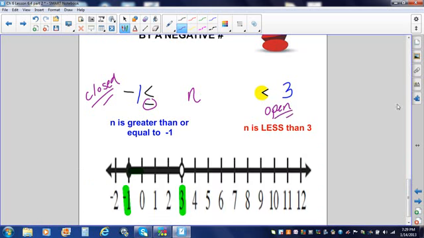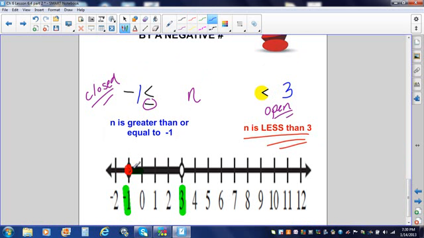So let's graph it. What numbers are greater than or equal to negative 1? Notice that right here we have our closed circle above negative 1. 0 is greater, 1 is greater, 2 is greater. However, I need an open circle right here at 3, and I need to know the numbers that are less than 3. 2 is less than 3, 1 is less than 3, 0 is less than 3, negative 1 is less than 3.